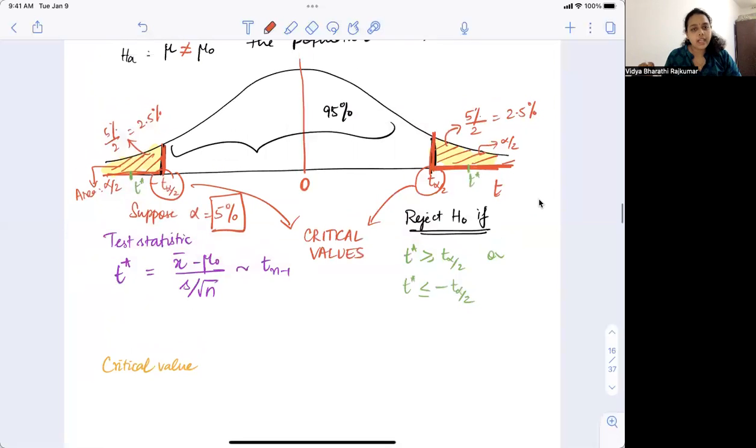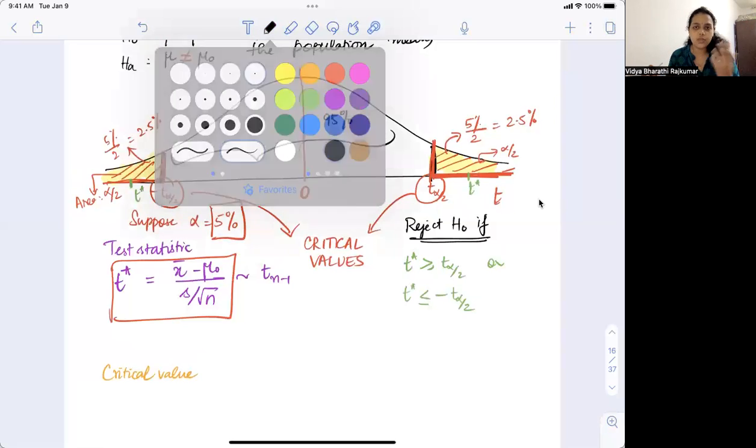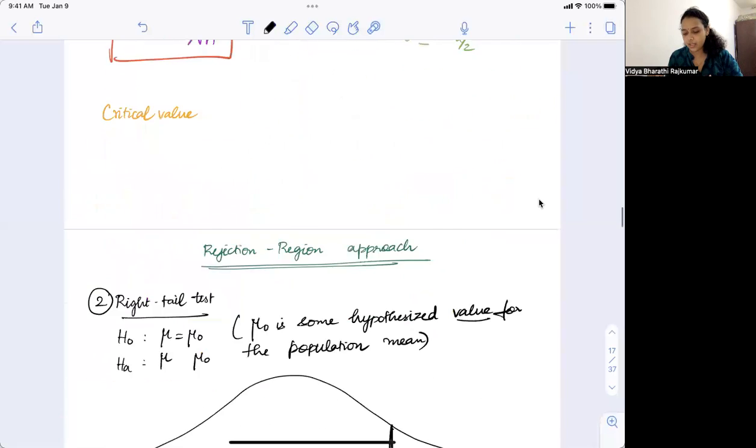So this is how we do a hypothesis test for a two-sided hypothesis. And from the previous video, I would have told you where this t star statistic comes from. Essentially, you are going from any normal distribution to its standardized version. And that's where you get this t statistic. So this is the way for a two-sided hypothesis test.